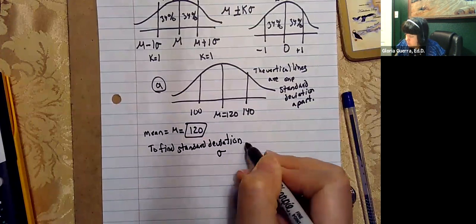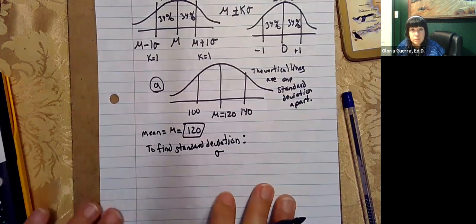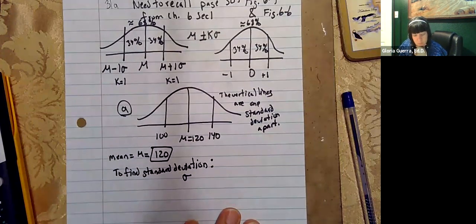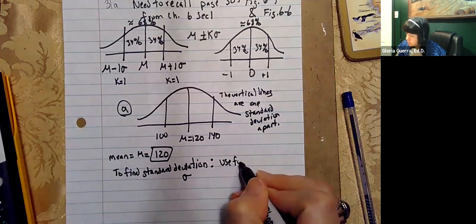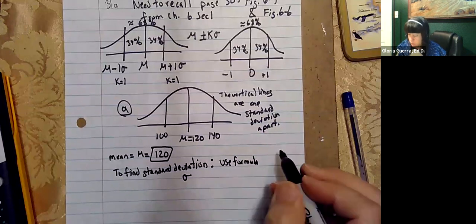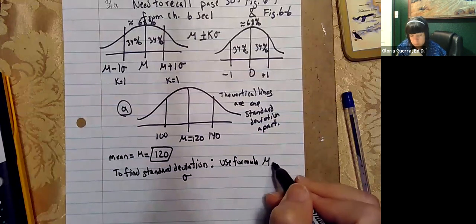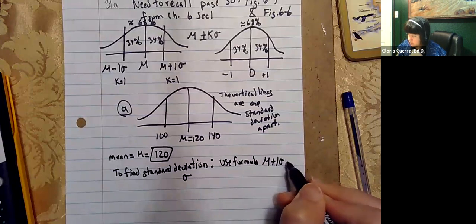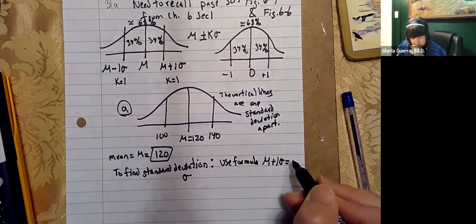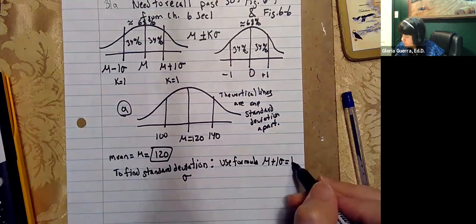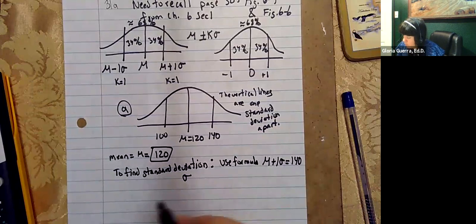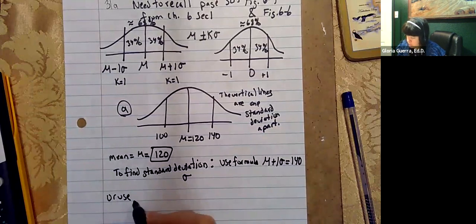to find the standard deviation, which is your sigma, we're going to use the formula mu plus 1 times sigma equals 140. Or you can use mu minus 1 times sigma equals 100.